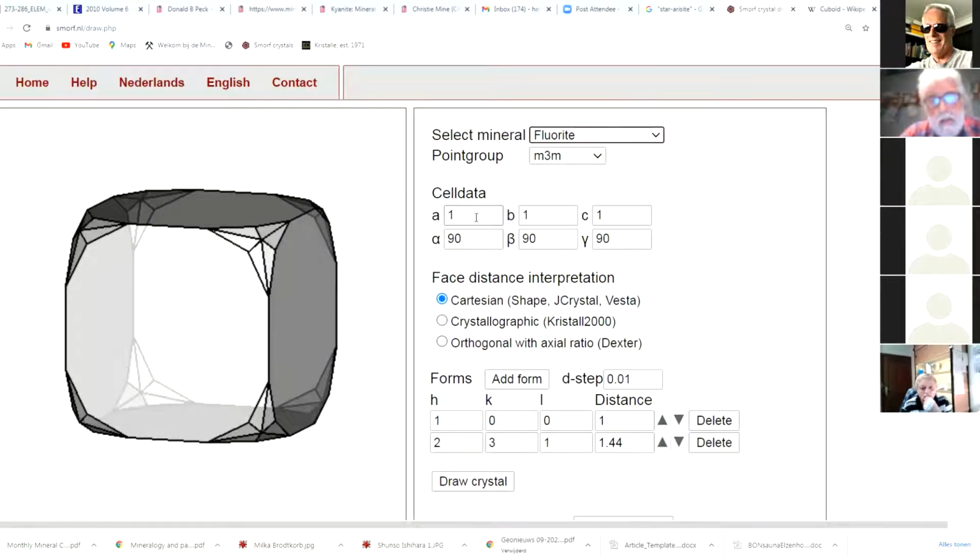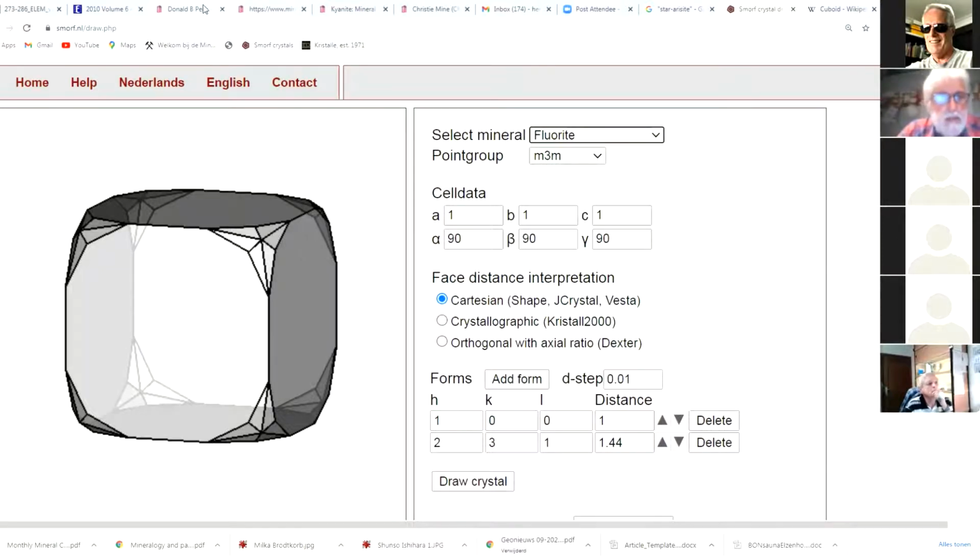So one on A, one on B, and one on C. Also, the angles between the three crystal axes, so the angle between crystal axis A and crystal axis B is 90 degrees, between B and C is 90 degrees, and between C and A is also 90 degrees, okay?